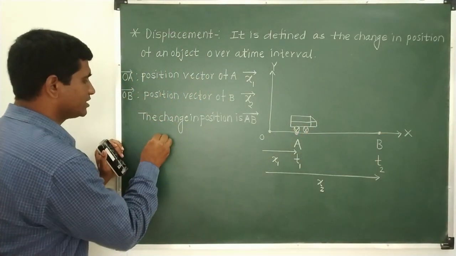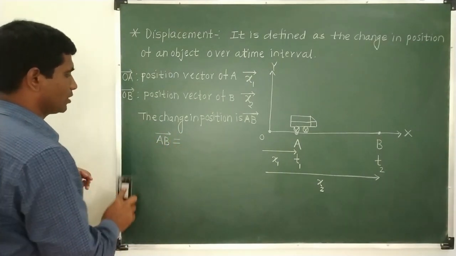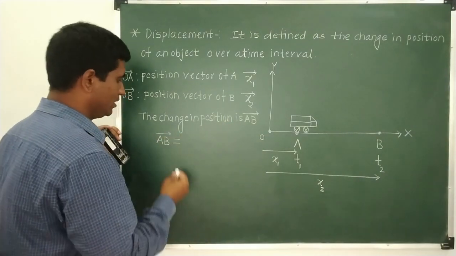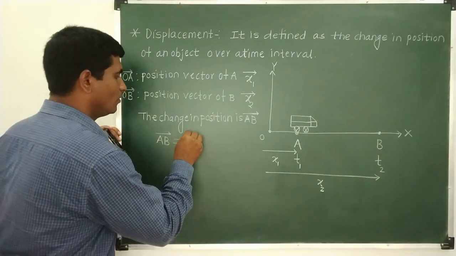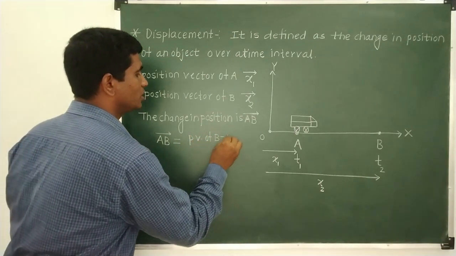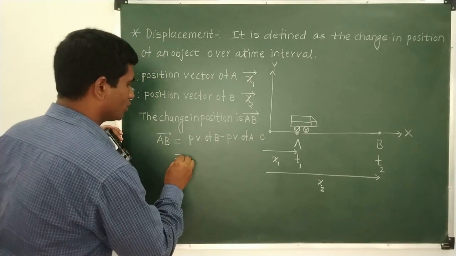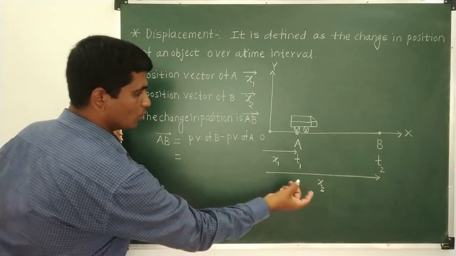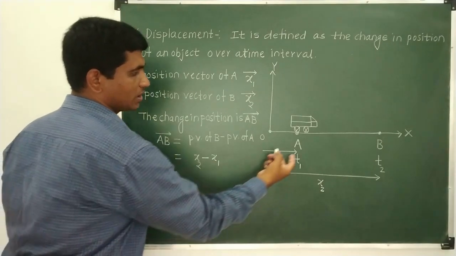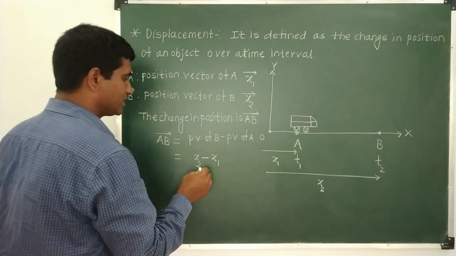And how will you calculate this AB bar? In the terminology of vectors, we have studied in our earlier classes that any vector AB bar can be determined by the position vector of the final point, position vector of B, minus the position vector of A. So the position vector of B, with respect to origin, is x2 minus the position vector of A, which is x1, and I know that this displacement is along the x direction.